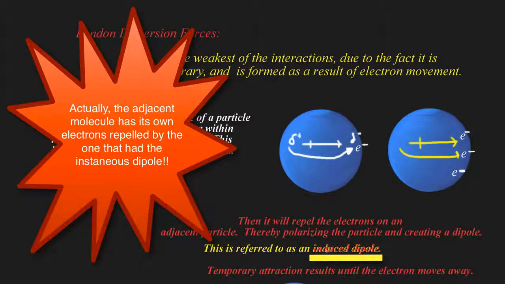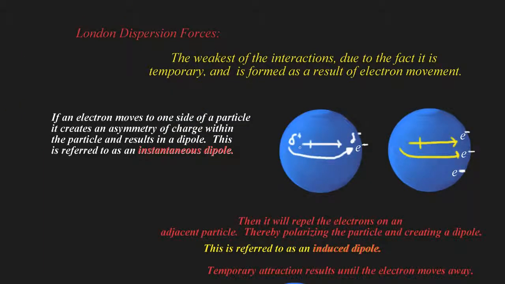Okay. So, one more time. Electron moves, creates an instantaneous dipole, partial positive where the electron was, partial negative where the electron is. And then in the adjacent particle, electrons get repelled by that electron that's over here and create a dipole that's called an induced dipole.